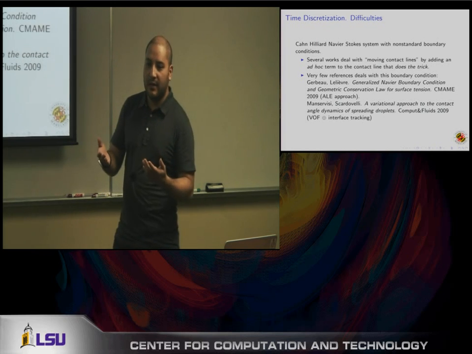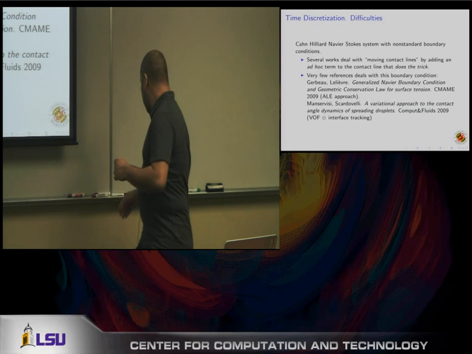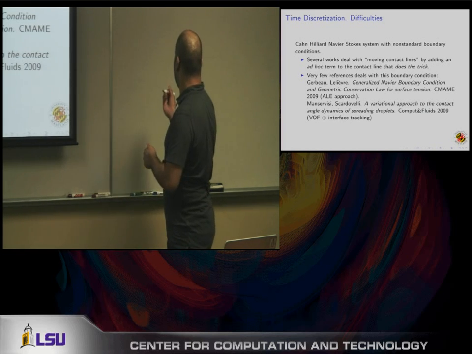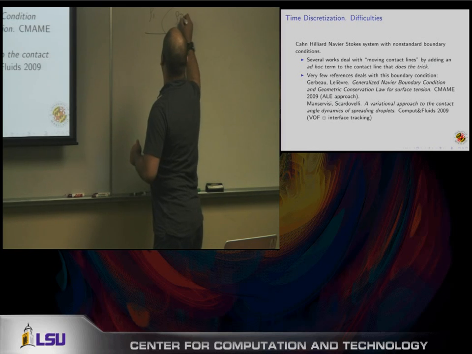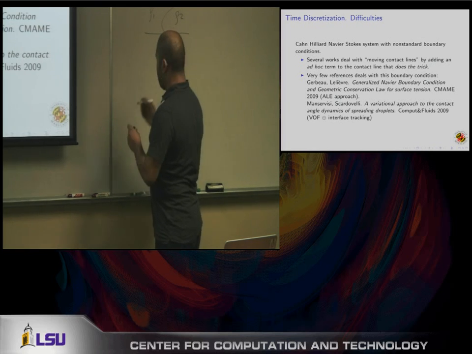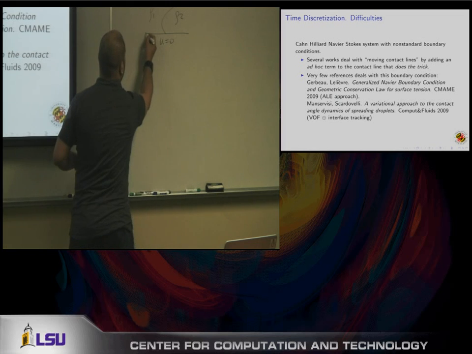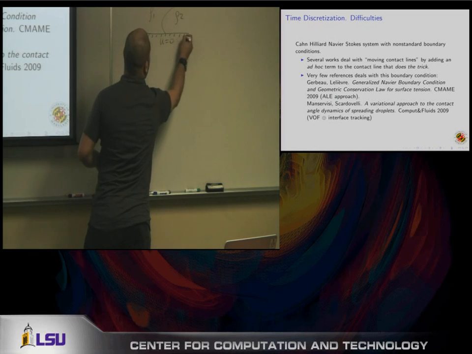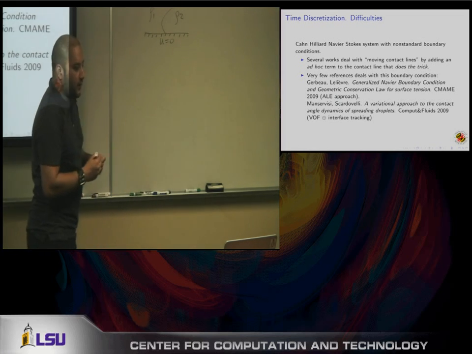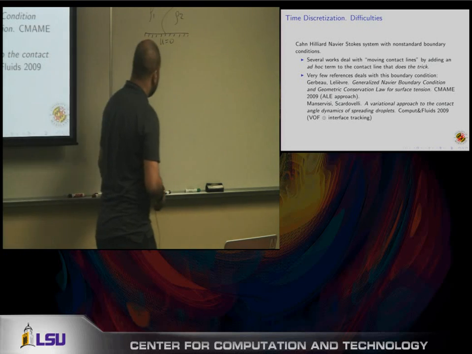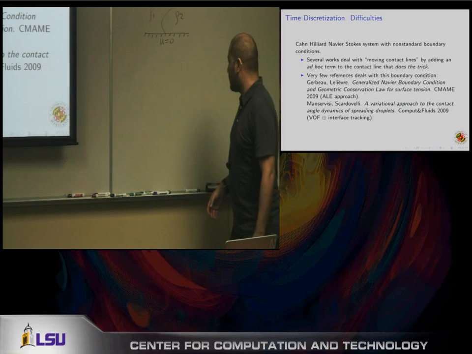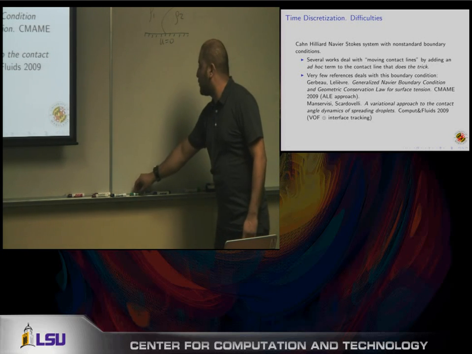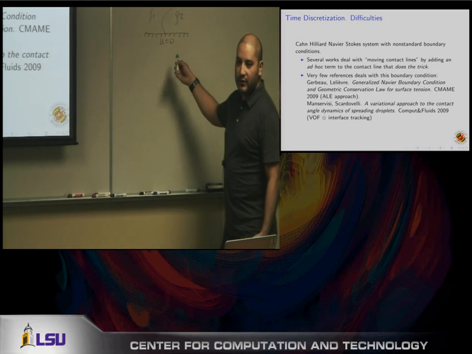It is generally accepted that you need to, so let me have a pencil. So let's say this is a solid, and we have a two-phase fluid here. Usually, and what is accepted, at least for homogeneous flows, is to write no-slip boundary conditions on any solid wall.